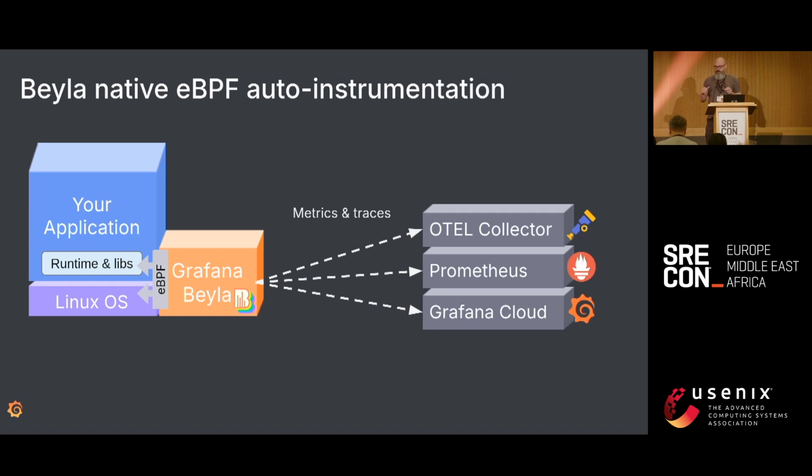It's just a simple process that is attached to your application and does the magic for you. It can get either metrics or traces, and those can be in Prometheus or OpenTelemetry format. Also good is that it has no vendor lock-in, so at any time you can delete the container or the process and you're good to go.